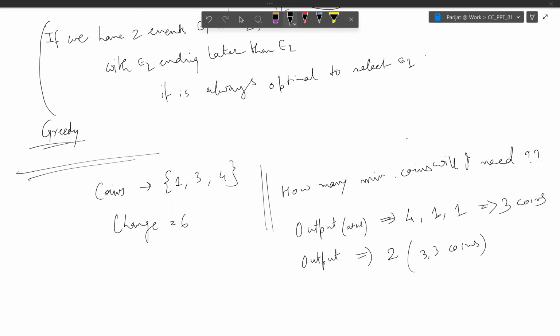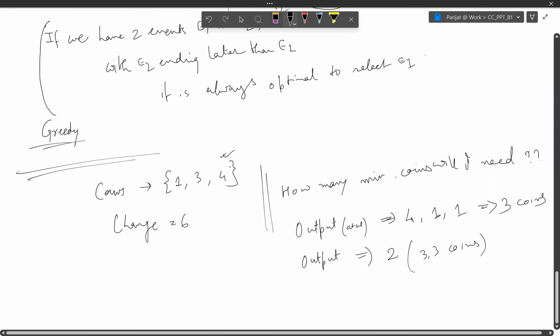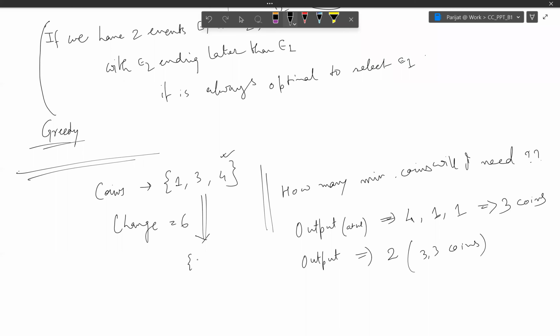So why it doesn't work in the current case is that if I use up a coin of the maximum possible value, I am still left with 1, 3, 4, because I have infinite number of coins, but my target now is 2 instead of 6, right? And I can make 2 only by using 2 coins of denomination 1.